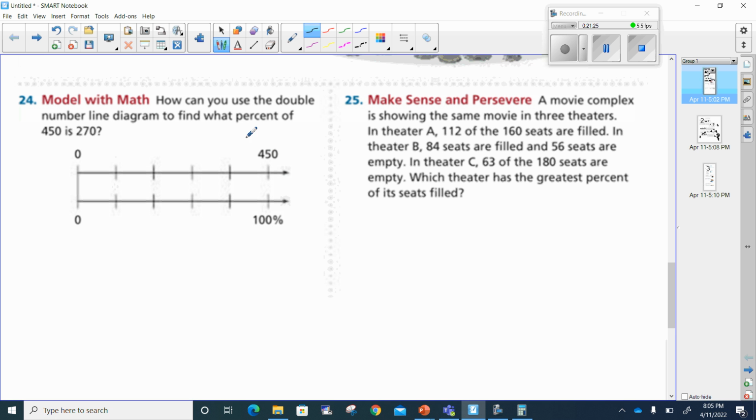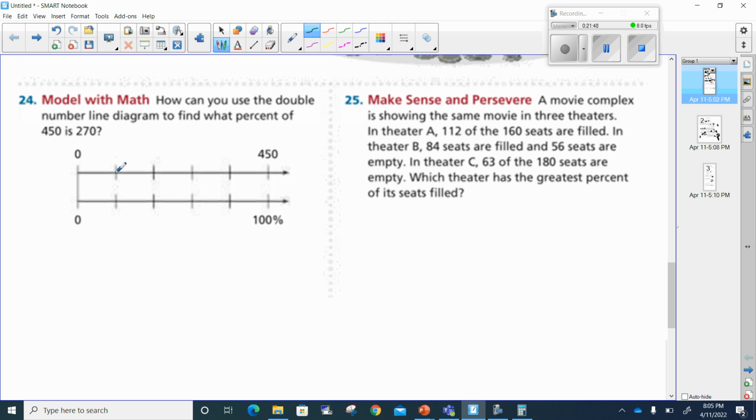Model with math. It says, how can you use the double number line diagram to find what percent of 450 is 270? Okay, so if we take 450 and 270, we know that both of them have something in common.